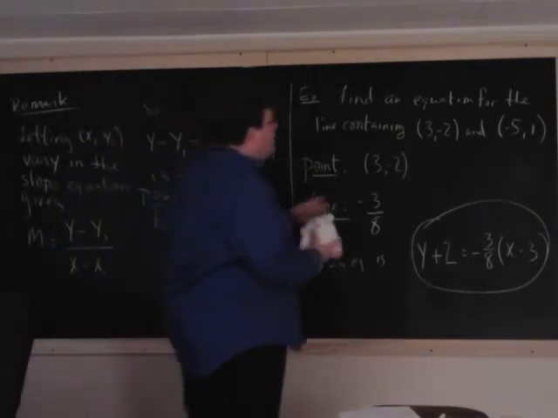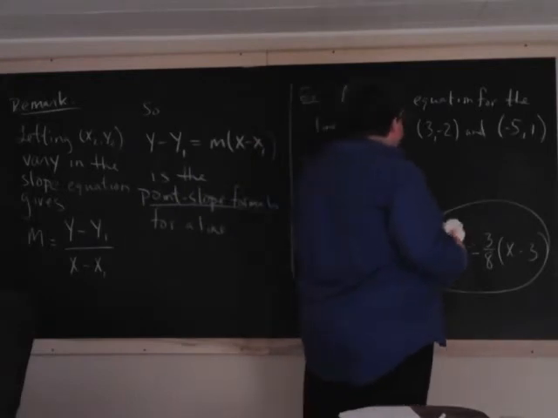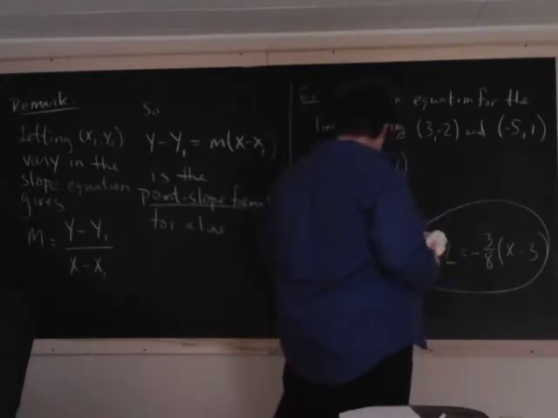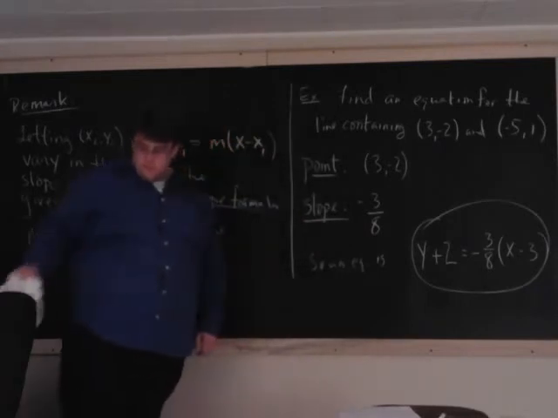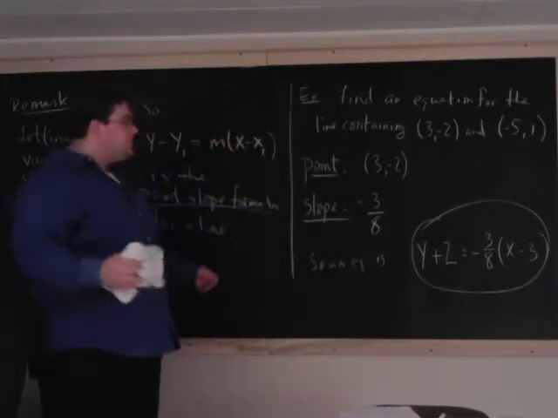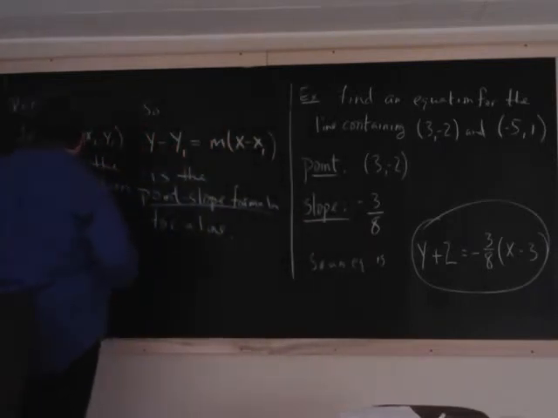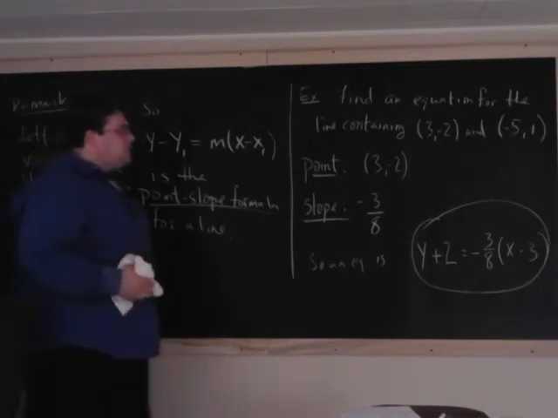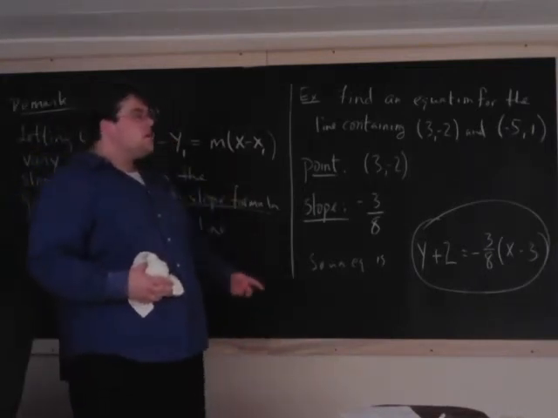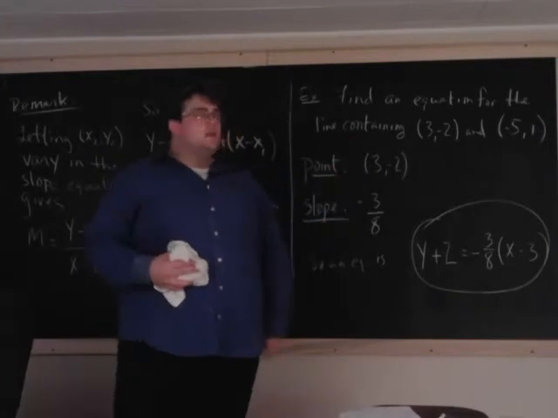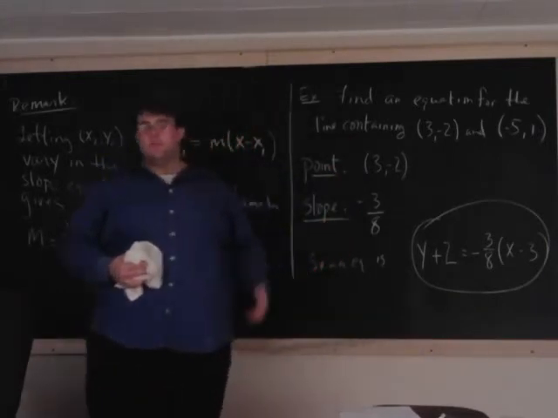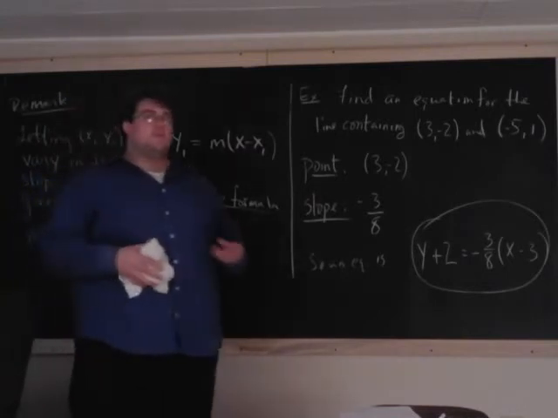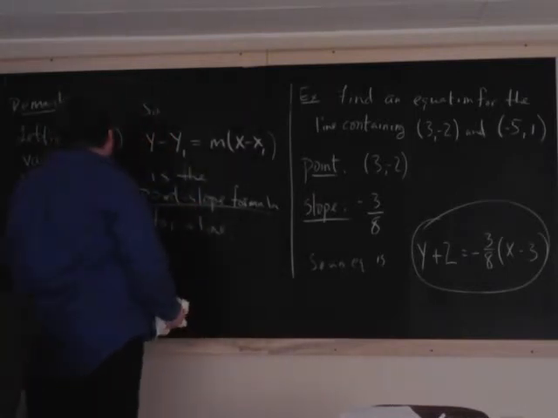If you did the y-intercept way, what would you do? You'd find the slope, and then you'd substitute in and try to solve for b or something. In the standard y-intercept way, there are a lot of computations you have to do, and a lot of computations where you could make a small mistake.